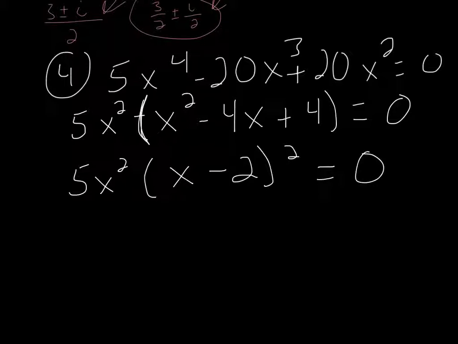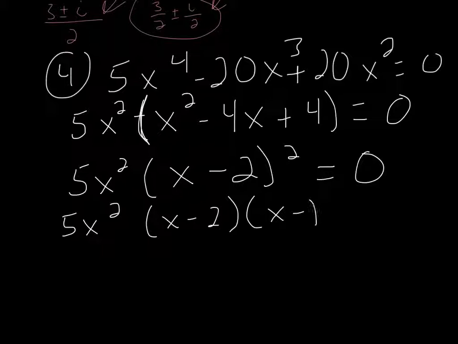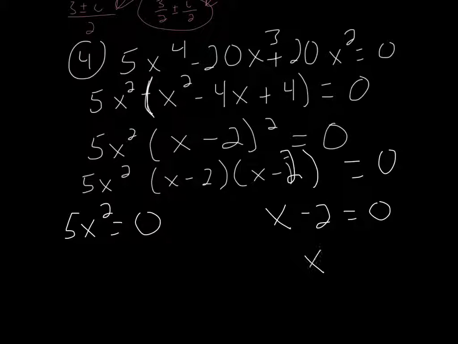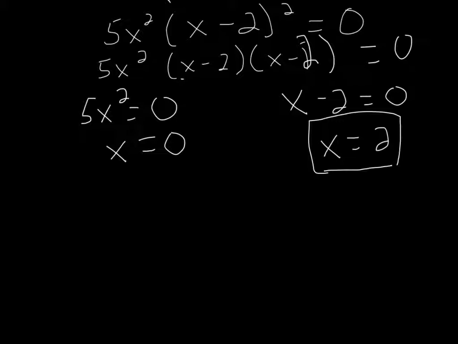So this means 5x squared, x minus 2, x minus 2, equals 0. So we have two equations here: 5x squared equals 0, and x minus 2 equals 0. You solve this, you get x equals 2. You solve this, you get x equals 0. So 2 is a solution, and it appears 2 times.